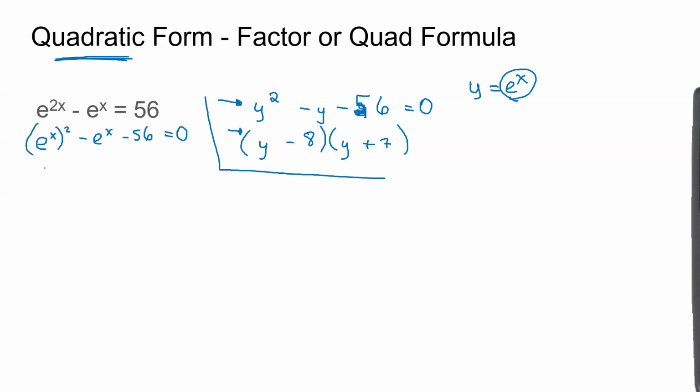Right here, if I just factor this thing, I need something times something that gives me e to the x squared. So that would be e to the x times e to the x. Then I need something times something that gives me 56. Again, that's going to be 8 and 7. I see that the signs are different, and the big one is negative.